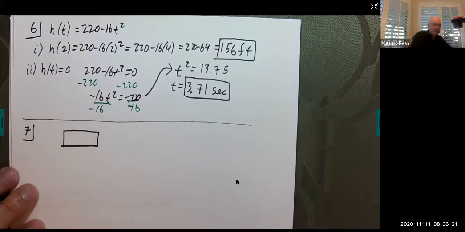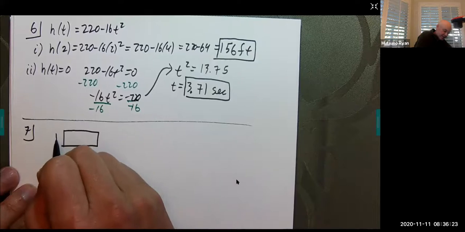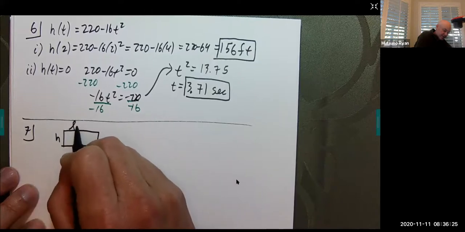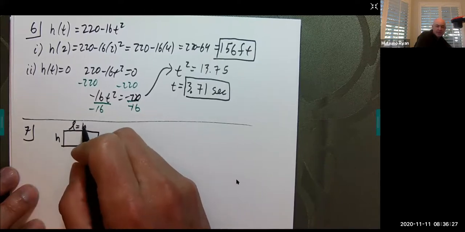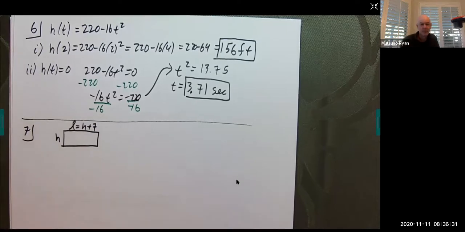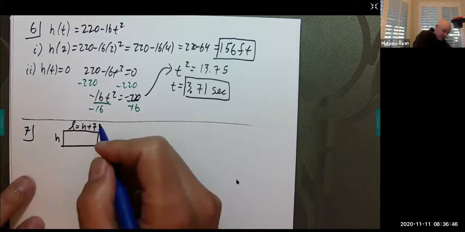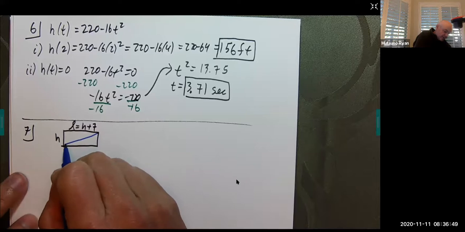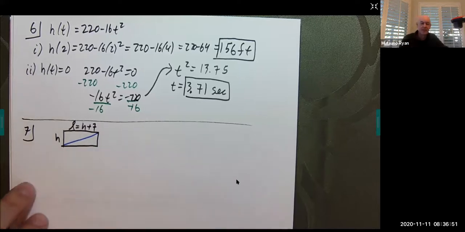And if this is the height, then the length is h plus 7. If the diagonal, here's the diagonal. We're going to pretend like that's a straight line. It's 37 inches.